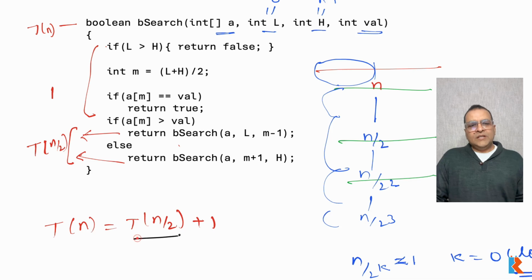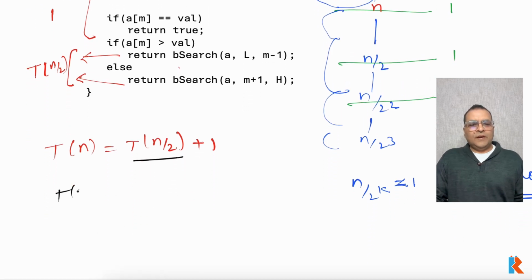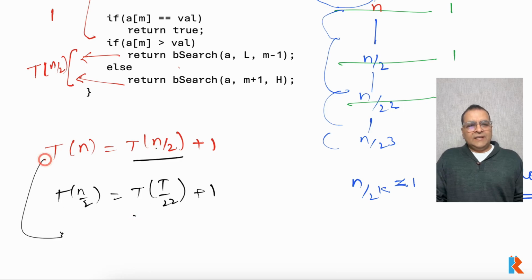Now you can easily solve it. Why? Because you just need to substitute T(n/2). T(n/2) is equal to T(n/2²) plus some constant. If you substitute it here, then we will get T(n) is equal to T(n/2²) plus 2 times the constant 1 and 1.